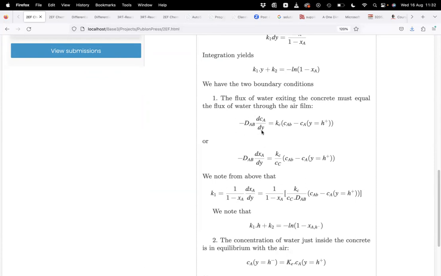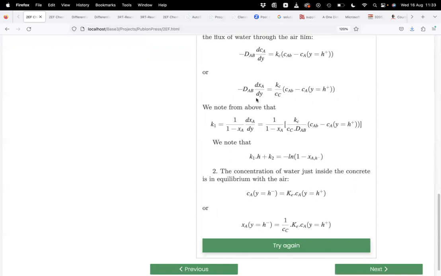This is the molar flux. This is supposed to be the interior molar flux. And so we can say that's a boundary condition. So that's our new boundary condition.